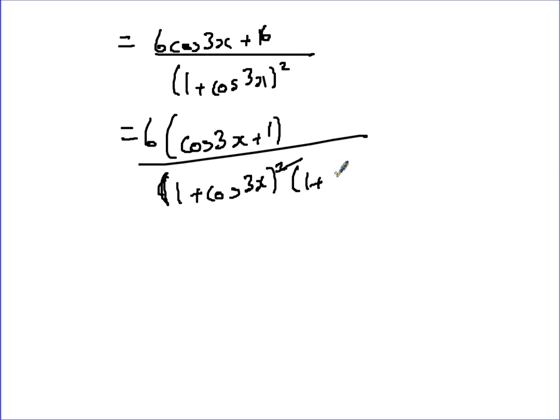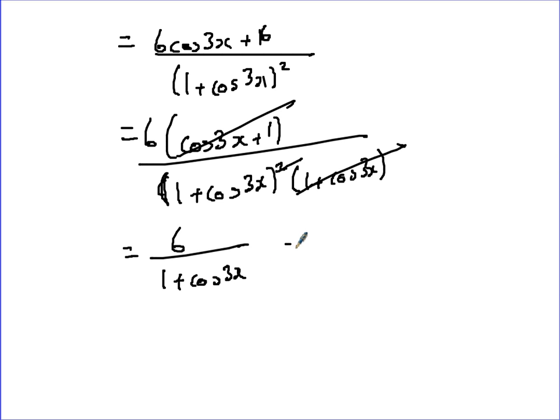When you square a bracket, in effect it's bracket times bracket, so that bracket will cancel with that, and that will leave you with 6 over 1 plus cos 3x, which then implies that k, our integer, is 6.